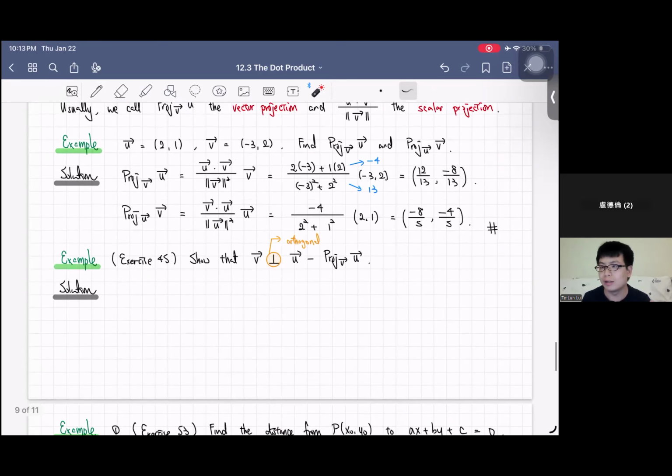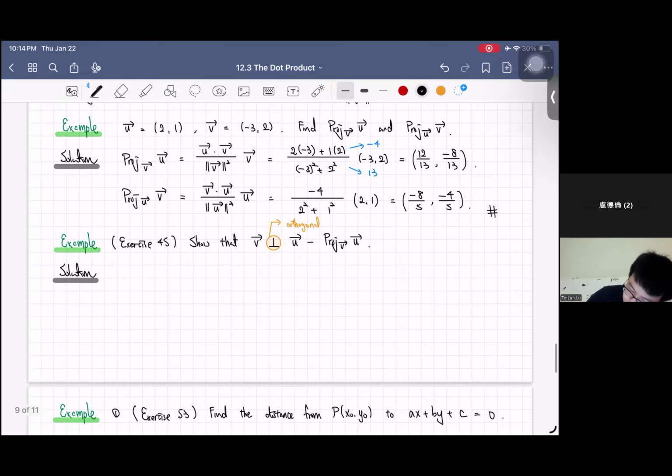Now let's verify algebraically by every ingredient that we have. First of all, let's recall what orthogonal is. Orthogonality can be deduced from the dot product: whenever the dot product is 0, you get orthogonality. So that's what we want to do.